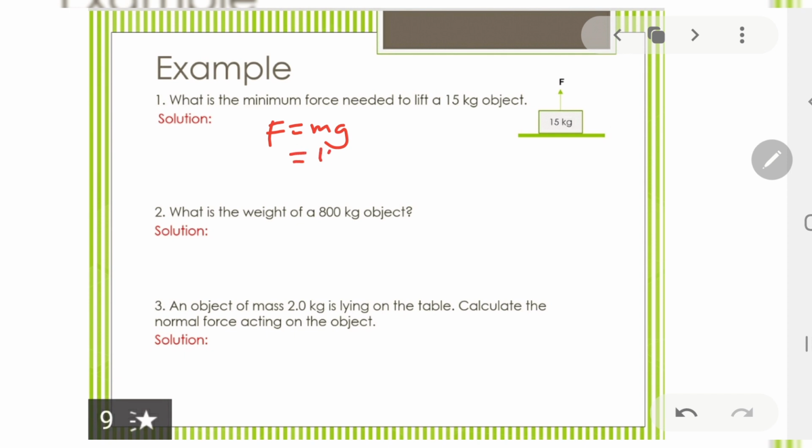So, once again, please check your information. Make sure all information are using SI unit. For this question, the mass is already in SI unit. Mass is equal to 15 multiplied with the gravity value 9.81. So the final answer will be 147.15 Newton.